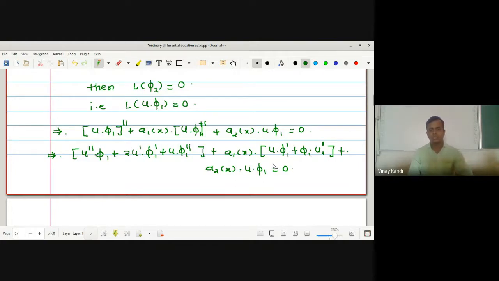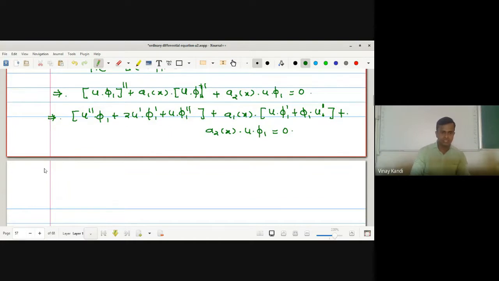Any doubt up to here? Now, collecting the terms with coefficients of u, which implies take u common from this one, this one, this one, and this one.